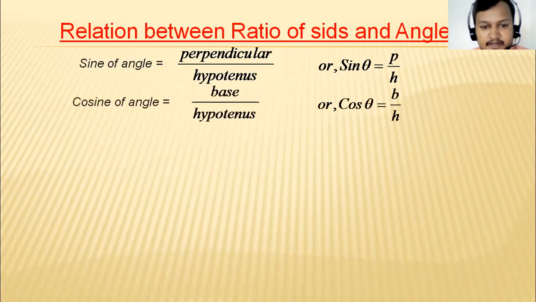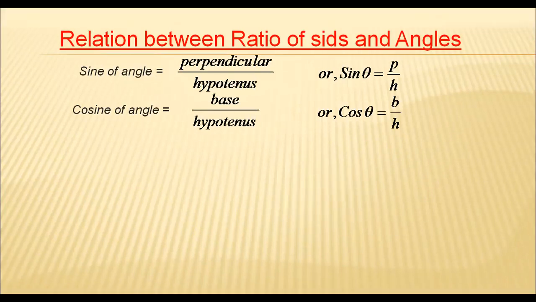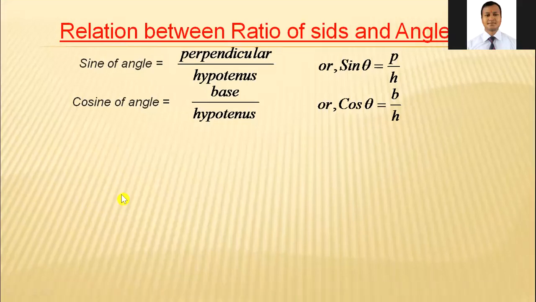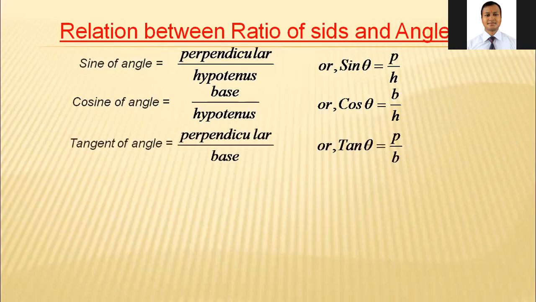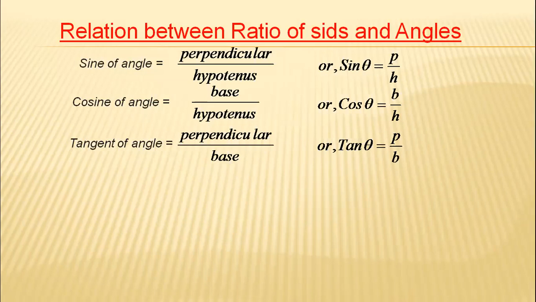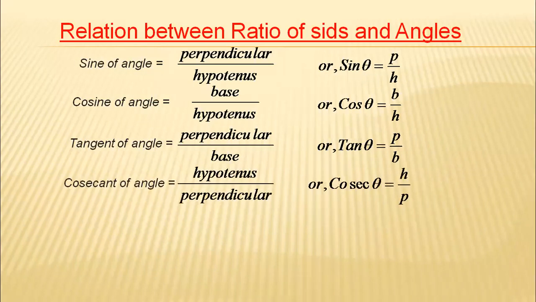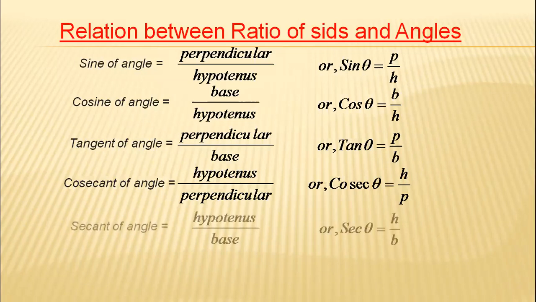Similarly, cos of angle is base by hypotenuse, that is cos theta is equal to B by H. Similarly, tan theta or tangent of angle is perpendicular by base, tan theta is equal to P by B. And next one, cosecant, that is the reciprocal of sine, which is called cosec theta, is equal to S by P in short form.